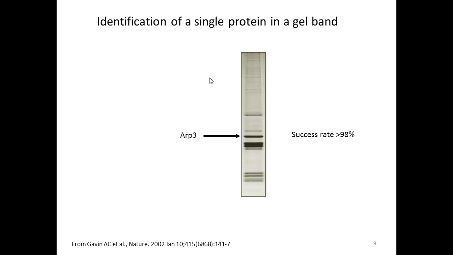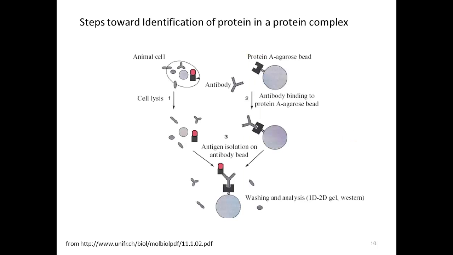Here you have a purification of a subset of proteins. You run it out on a gel, you see a well-localized band. If you cut that out and put it into a mass spectrometer, you should be able to identify that protein with a very high success rate. And indeed, in the last 10 years, nearly every practicing proteomics laboratory has achieved those success levels.